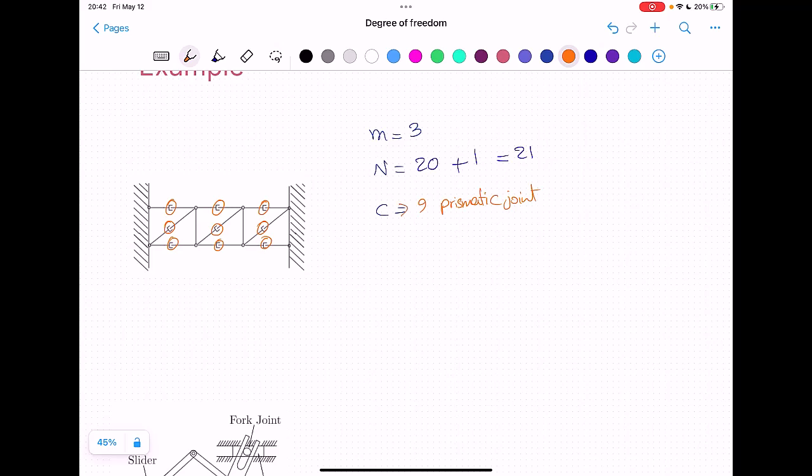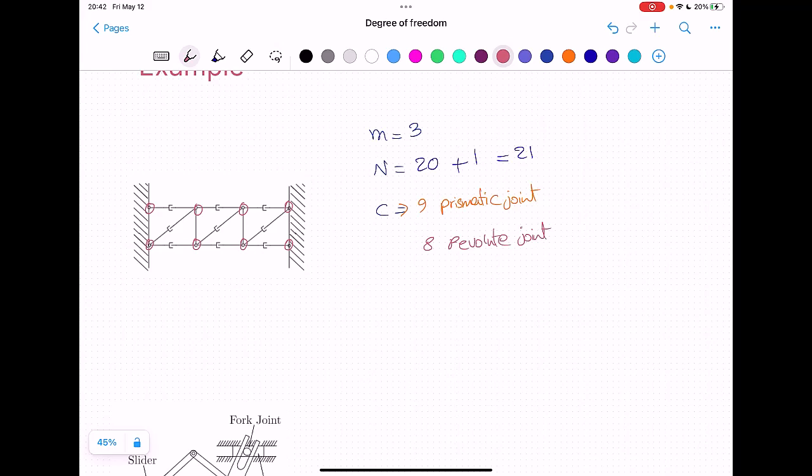Then we want to count our revolute joints: 1, 2, 3, 4, 5, 6, 7, 8. 8 revolute joints.